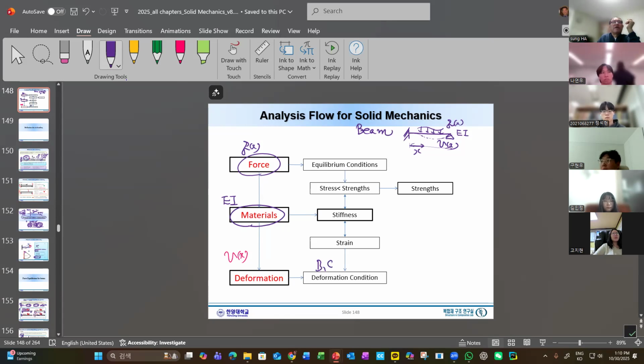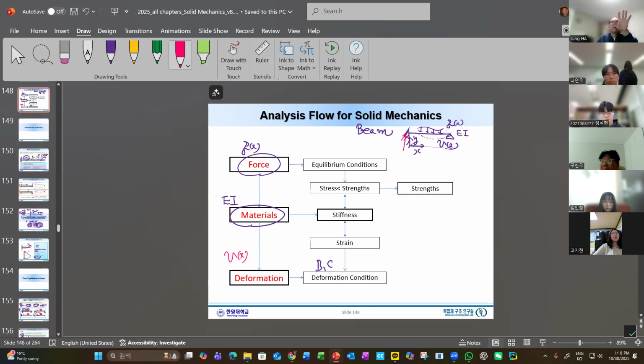And now the equilibrium condition, this is the x and y. Since Q(x) is distributed and applied vertically, there should be an equilibrium. Equilibrium means that on the boundary, on the left and right, there should be some kind of reaction force.